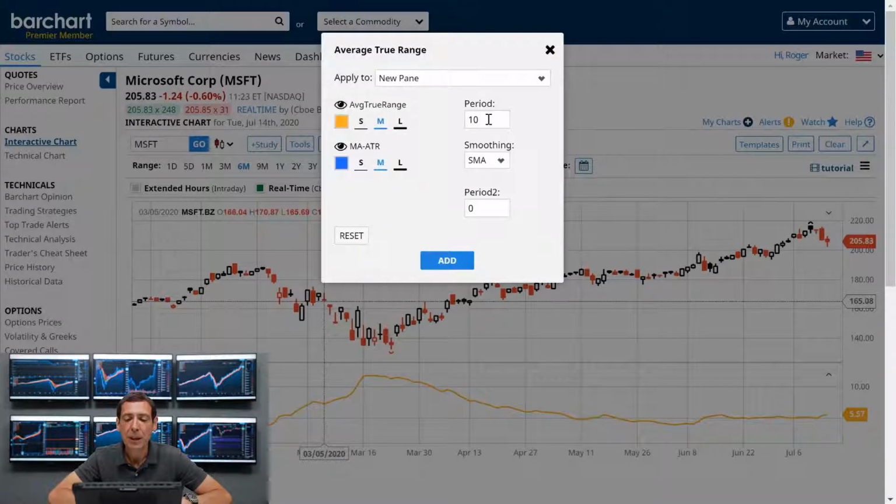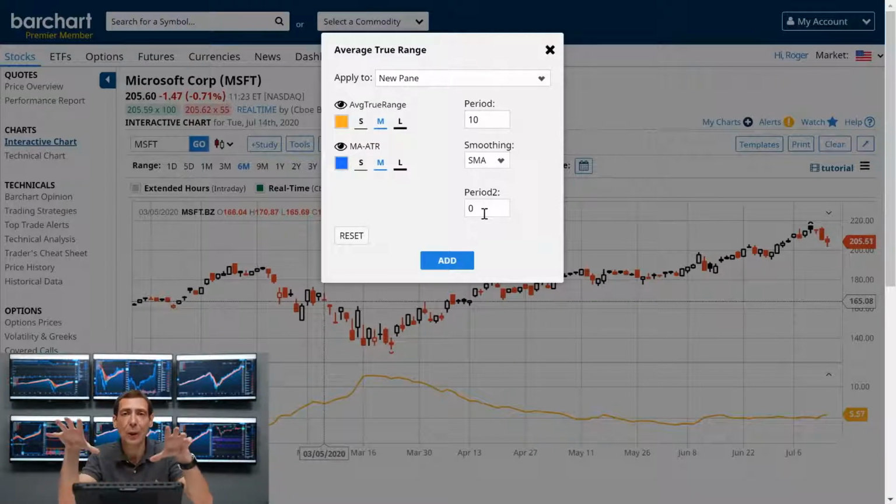We click on it, and you could set the average days to any period you want. I like to use 10 days. The standard setting that it came with is 14 days. But since we're swing trading and we're looking at stocks and we're looking at shorter time periods, I find the 10-day period best. And as far as smoothing it, I don't smooth it at all. I would leave this completely to 0.